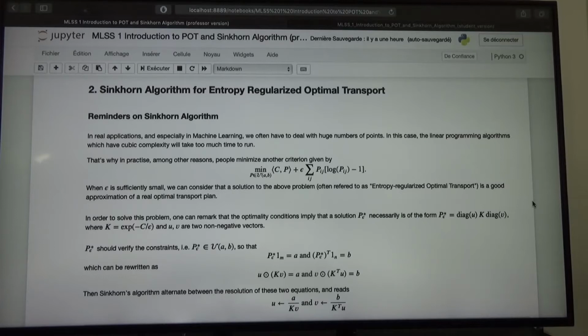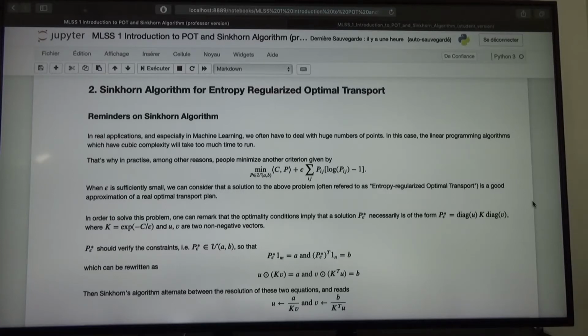And those entries, how can we compute them? Well, we know that our optimal P star epsilon should verify the marginal constraints. So for each i, the number of croissants that is going out of bakery number i should equal the production of this bakery, right?